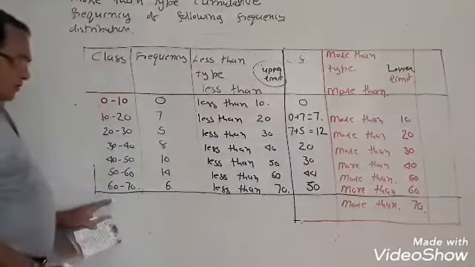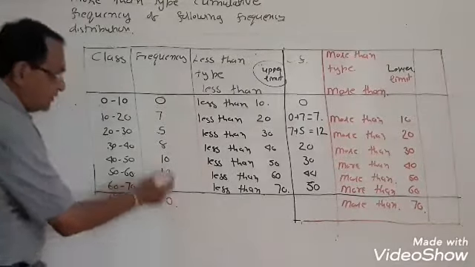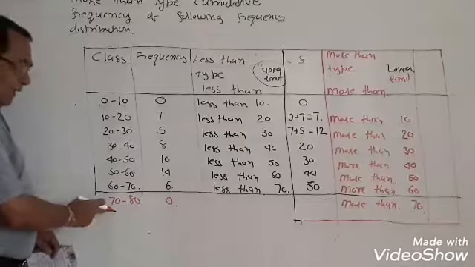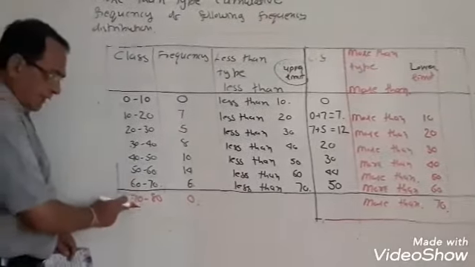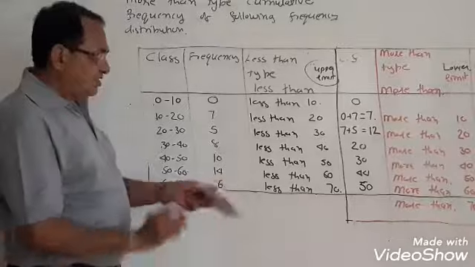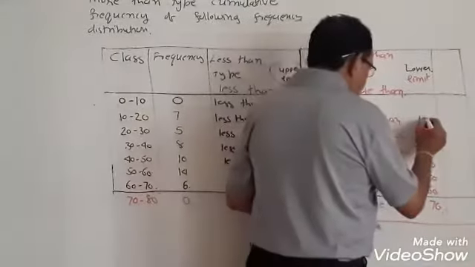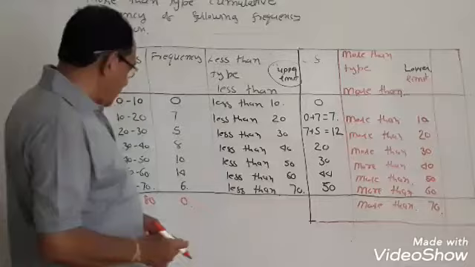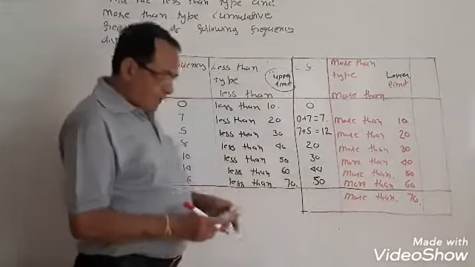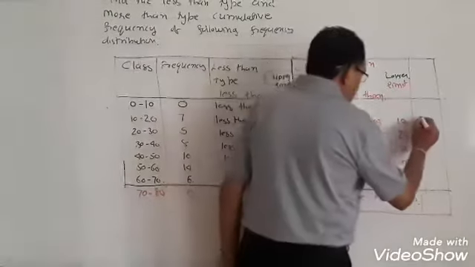Then for the successive class, 70 to 80, the frequency is not given, that means it is 0. Now more than 10: what is it? Total number of frequency is 50. So you will take 50.